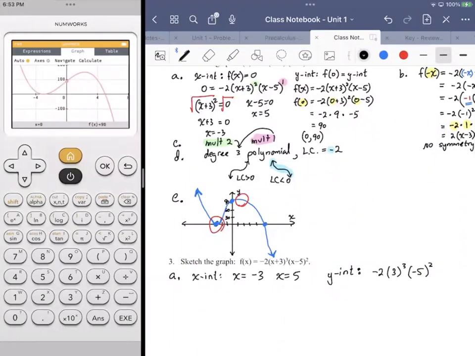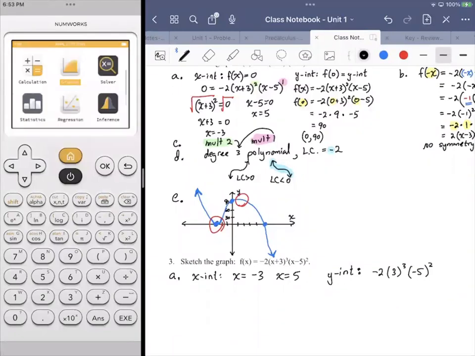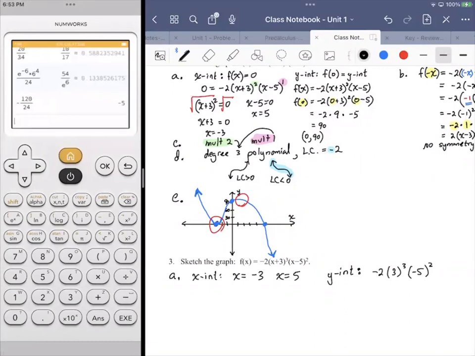I mean, we're using the calculator as an aid to help us with calculations, but we want to try to get a good understanding of how the structure of the polynomial equation leads to the graph looking the way it does, right? So yeah, am I going to use a calculator to figure out what negative 2 times 27 times 25 would be? Yeah, I'm going to do that. Negative 1350.